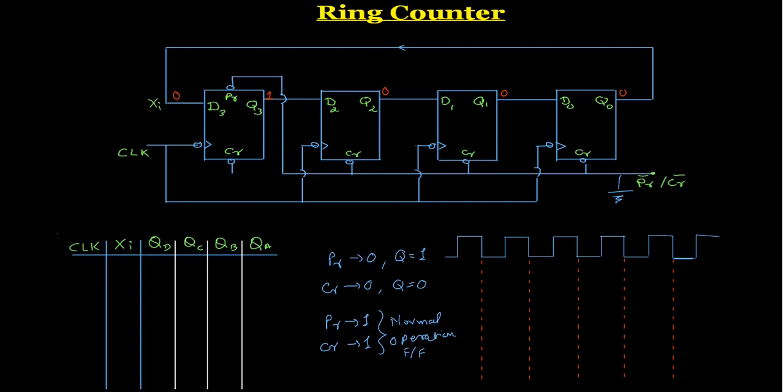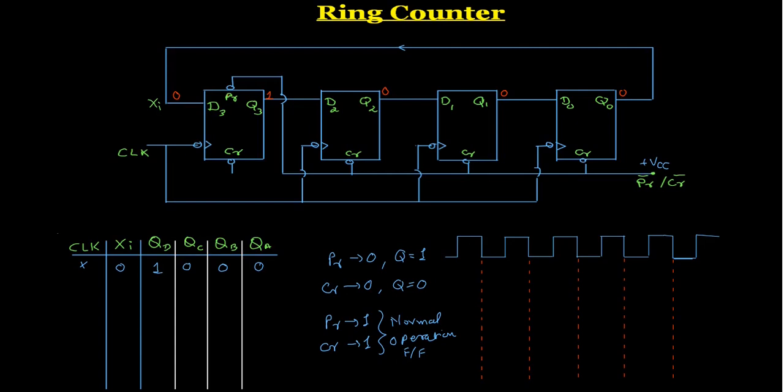So when we are not applying the clock, my Xi is 0, QD is 1, and QC, QB and QA are in a reset condition. Now what we have to do? We have to remove this ground and connect it to plus VCC. Due to this, we now have the normal operation of a flip-flop.